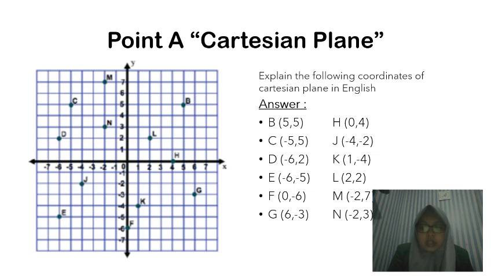The coordinates of point H are 4 to the right of the origin, and 0. The coordinates of point G are go back along the x-axis 4, then go down 2.